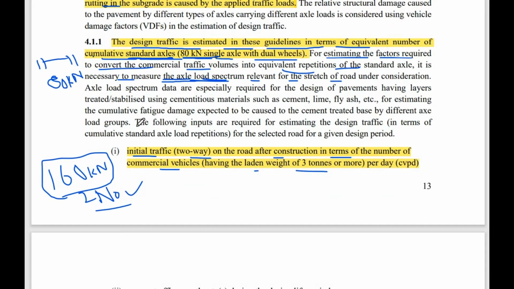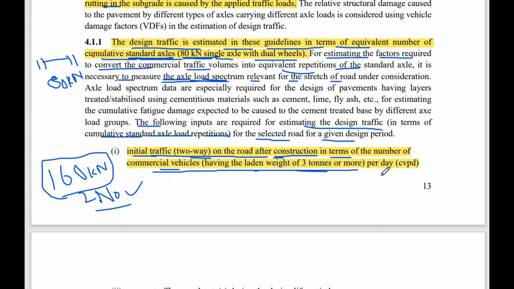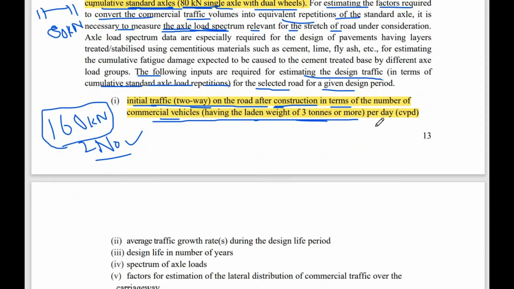So let's move ahead. They have said that the following inputs are required for the estimation of the design traffic, cumulative standard axle load repetitions, for the selected road for the given design period. So the first one is the two-way traffic on a road after the construction, where only commercial vehicles whose weight is 3 tons or more are considered.